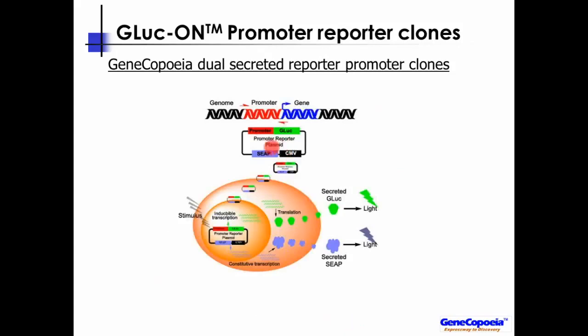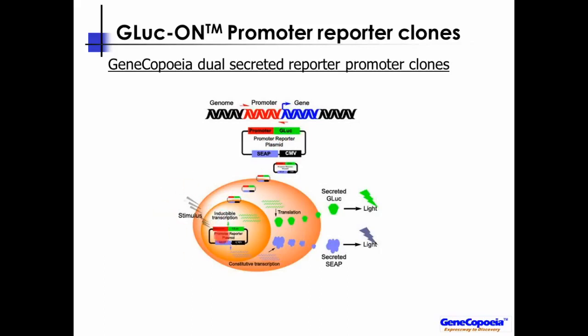So this is basically how it works. The promoter, which again is in our database, is arbitrarily defined with a little over 1 kb upstream and a couple hundred bases downstream of the transcriptional start site. It is cloned into this plasmid to drive GLUC, Gaussia luciferase, and then it's simply transfected into cells.